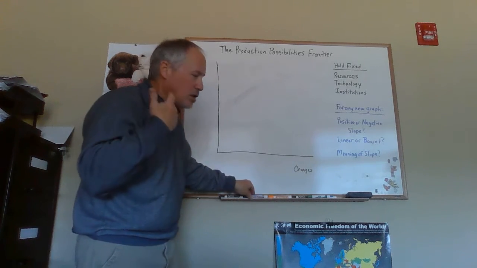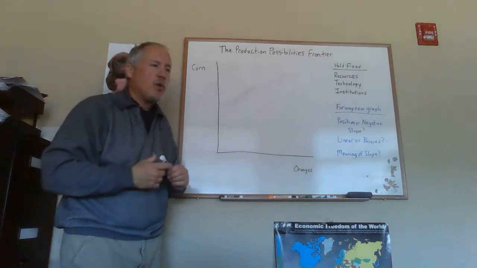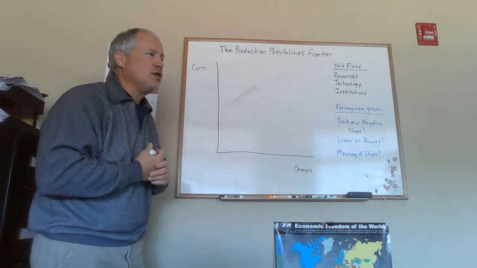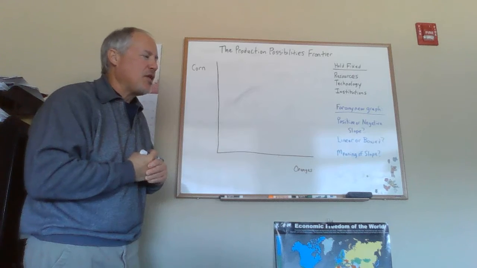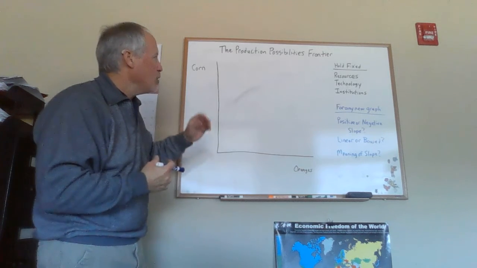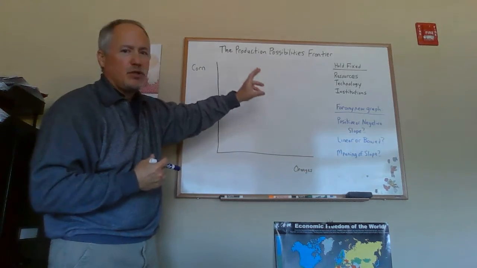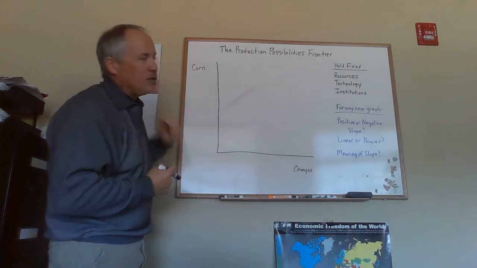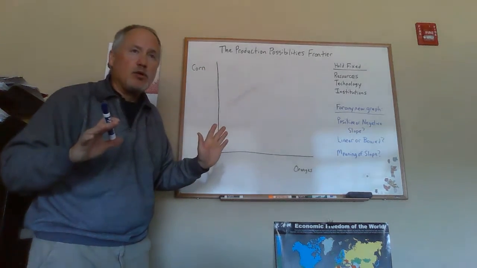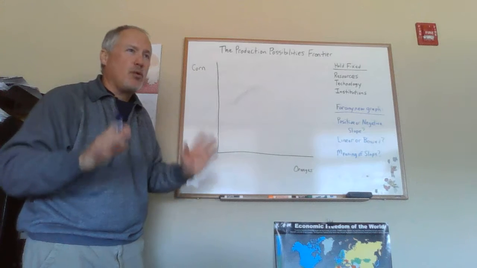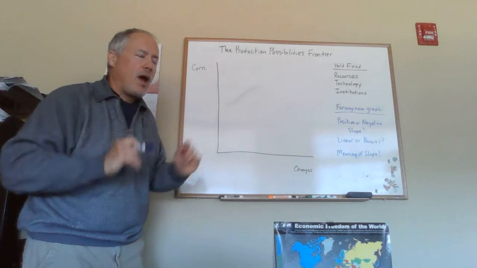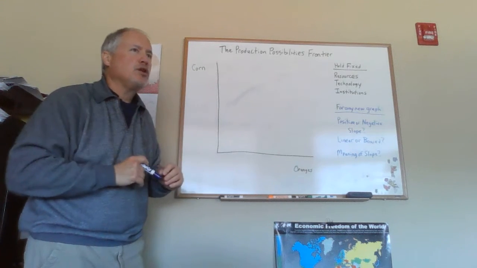Now, to construct this graph, we want to do a couple of hypotheticals. We could start and say, suppose we take all of our available resources and put them into growing corn, and put no resources into growing oranges. Imagine how much corn you could produce.